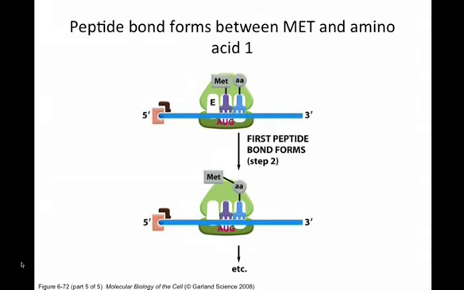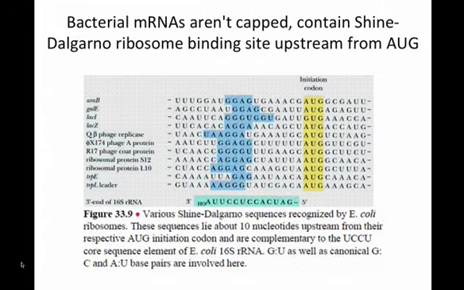You get movement of your ribosome along, and the AUG methionine tRNA goes into the exit site, and your first amino acid tRNA goes into your P site, leaving an A site open for the next tRNA to come in.